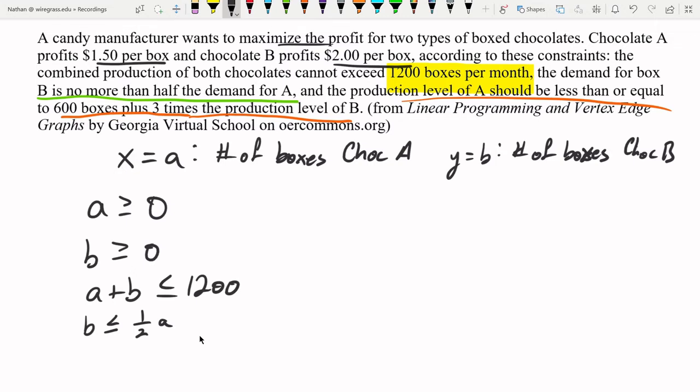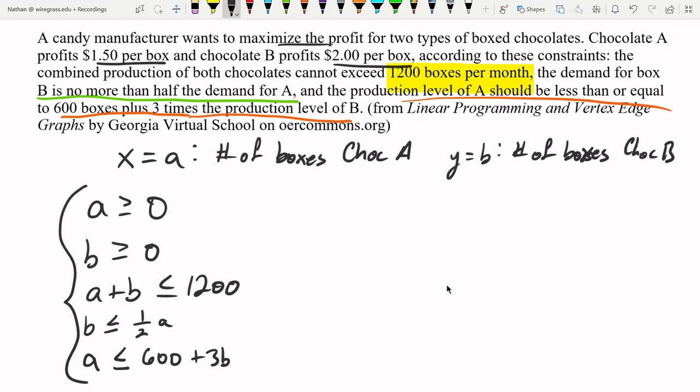And the final one says the production level of A should be less than or equal to 600 boxes plus 3 times the production level of B. So this is our system of constraints.